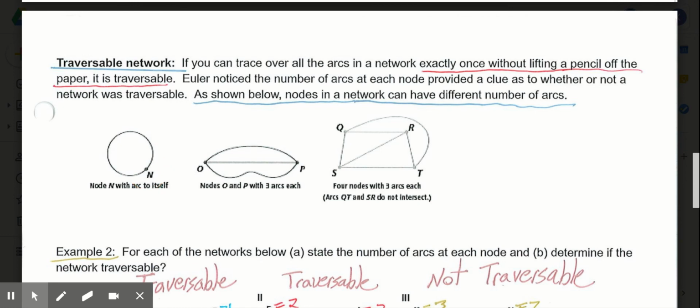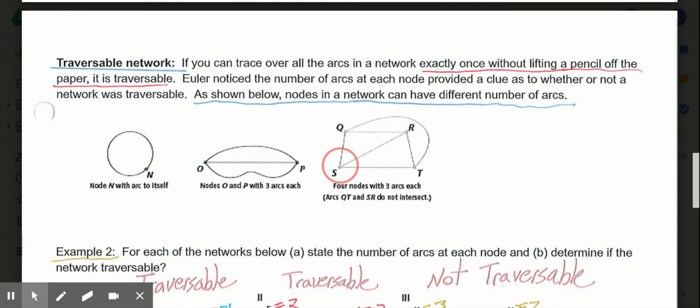Then, this one here, nodes O and P, each have three arcs. There's this arc here from O to P, there's this arc on top, and then there's this arc that looks more like a straight line segment there. So there's the nodes, O and P, and three different arcs. And then this diagram with Q, S, R, and T, we have four nodes, and each node has three arcs.